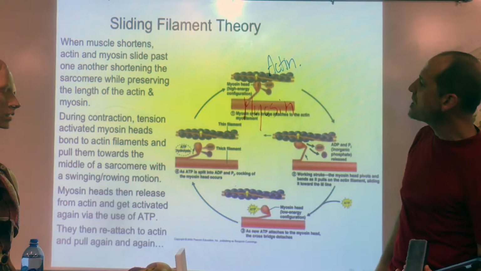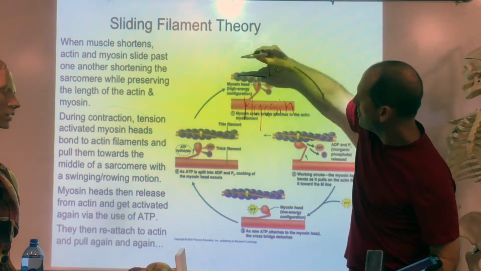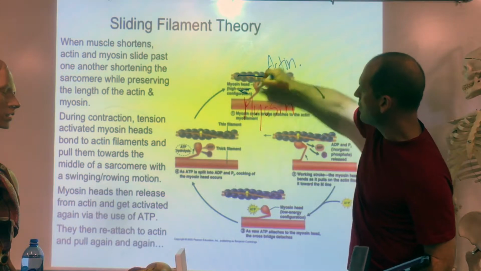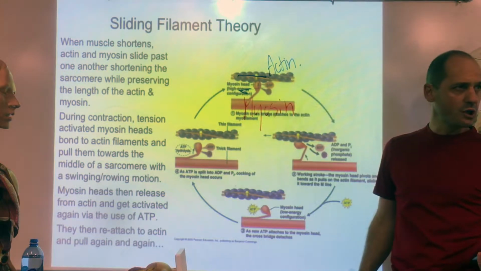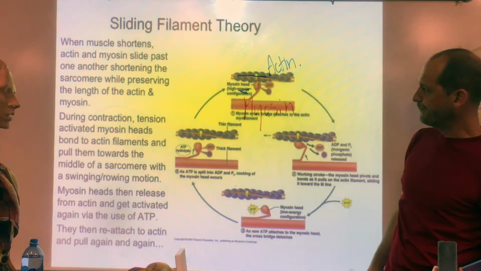And so when a muscle contracts, those two need to slide past one another. One goes that way, one goes that way. And then a muscle contracts, because they're arranged the whole muscle length.